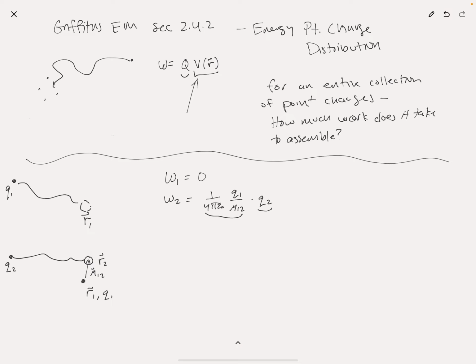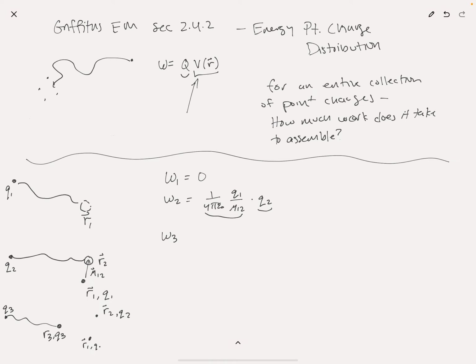Now I want to bring a third charge. Running out of space. I have R1, Q1, R2, Q2, and I want to bring a charge Q3 and put it right there. We'll call that R3, Q3.